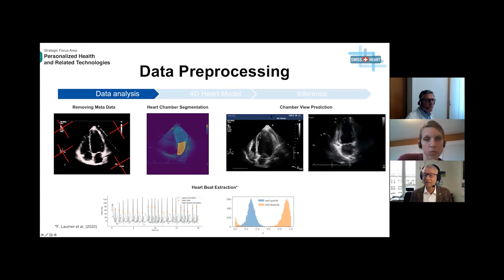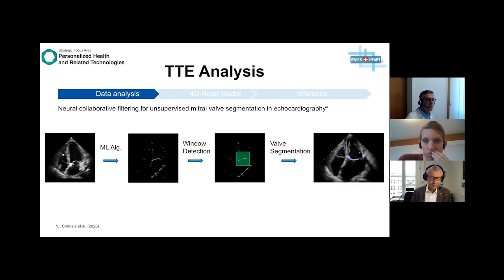You have to predict the heart chamber views. So you want to distinguish that, and that has to be reliably combined with the information before. And then there's the heartbeat extraction from the ECGs. And here you see some preliminary results on the end systole and diastole. I should also mention that this has been reported in publications.